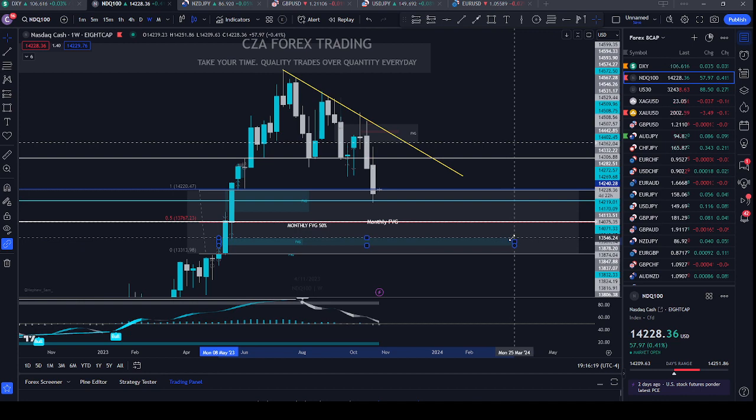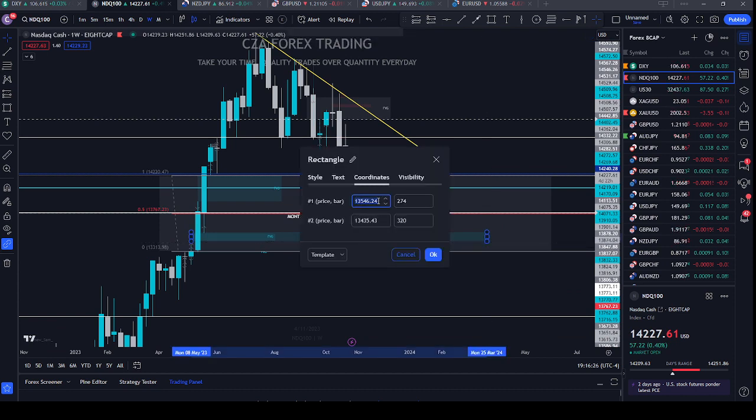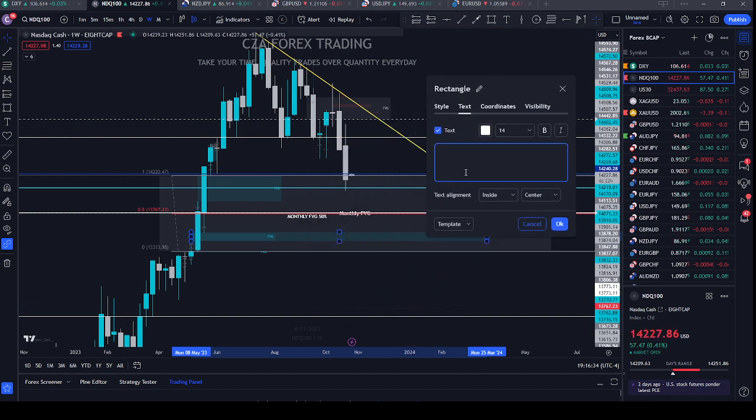We're gonna mark that. Coordinates are on the screen: 13546.24 and 13435.43. We're gonna label this for us, and then we're also gonna set an alert. Fair value gap.